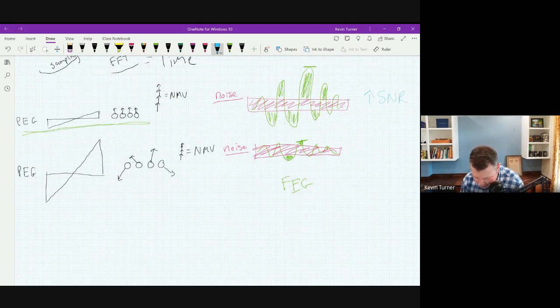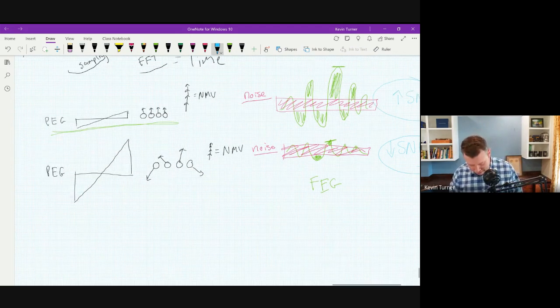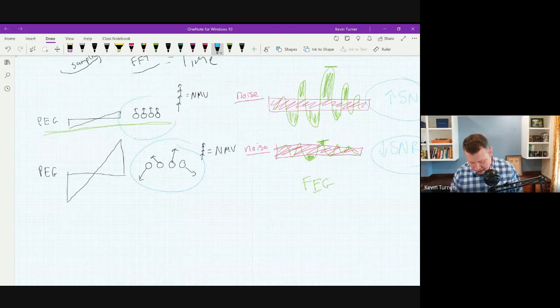Down here we had less signal and the same amount of noise, so we have a lower SNR value. So when we go to scan, we have to have a different amount of phase for every single echo. You can't collect them the same, or they don't know where they go in K-space.